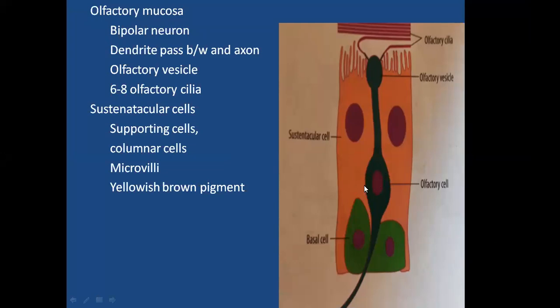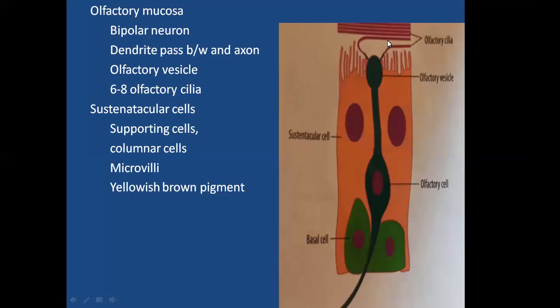From here, the dendrite arises, and this dendrite then gets a swelling, and this swelling is called the olfactory vesicle. So this is the olfactory cell, this is the dendrite, and at the termination of the dendrite there is the swelling which is called olfactory vesicle, and from these olfactory vesicles, the cilia arise.